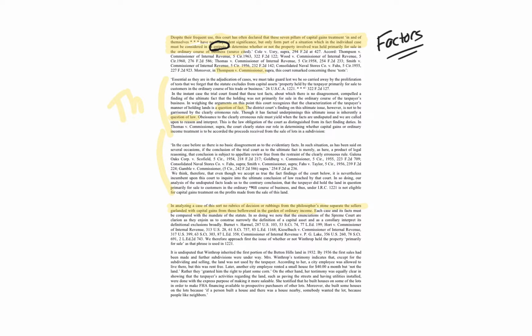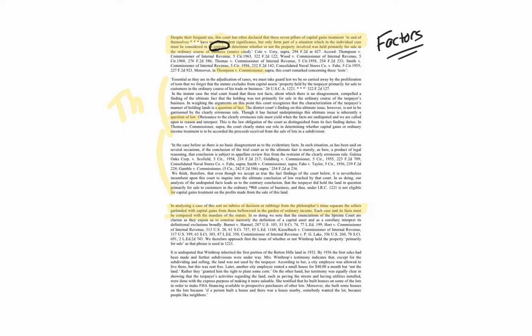Each case and its facts must be compared with the mandate of the statute. So again, they're saying, okay, well, courts, you've really relied on these factors. But remember, ultimately, Congress writes the statute. And we need to make sure that we're following the conditions of the statute, primarily for sale to customers in the ordinary course of a trade or business.